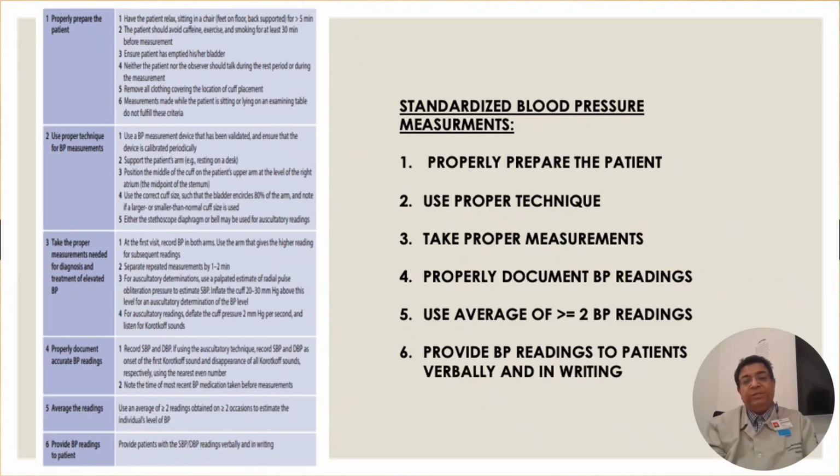So this is just how to standardize blood pressure measurement. And so I won't go into too much detail, but this is essentially how KDIGO recommends standardization of blood pressure measurement.